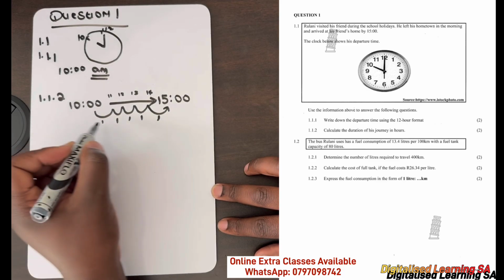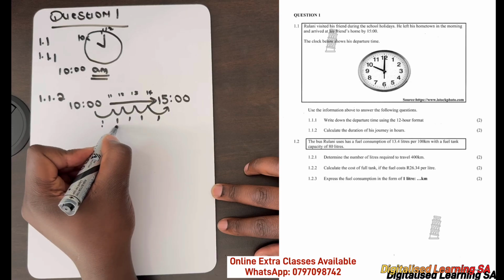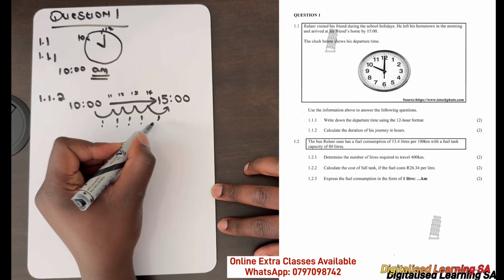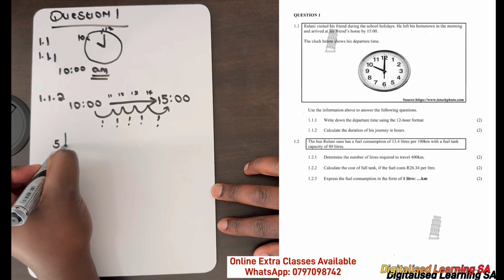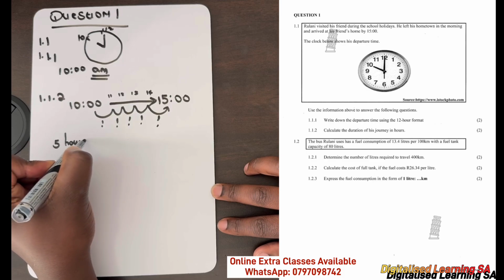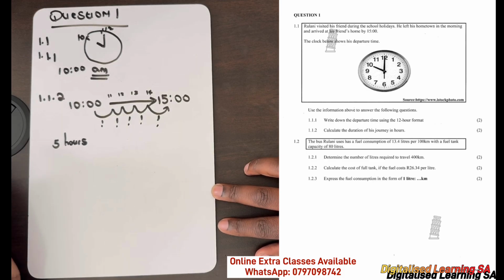So in total we can see that it's 1, 2, 3, 4, 5, meaning that it took him 5 hours to arrive at his friend's home. Okay, so now we are done with question 1.1.2 and we will be moving to question 1.2.